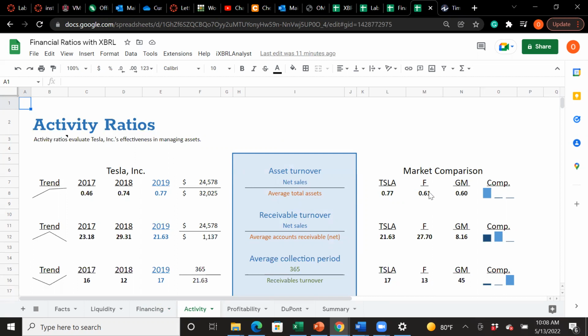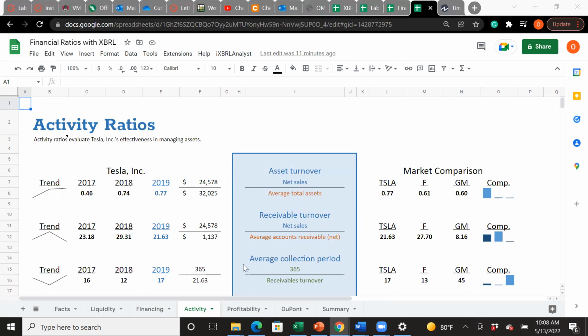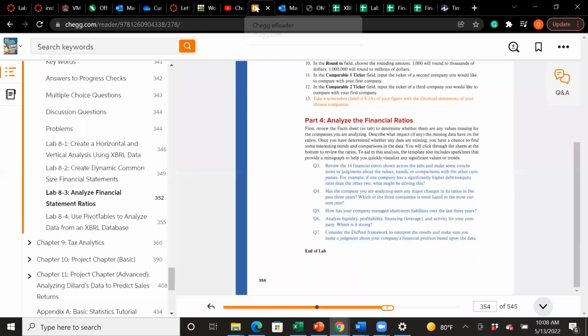It's already over Ford and General Motors, two companies that have been in the industry for a very long time compared to Tesla. That's also a good sign for Tesla. So that is question 3.